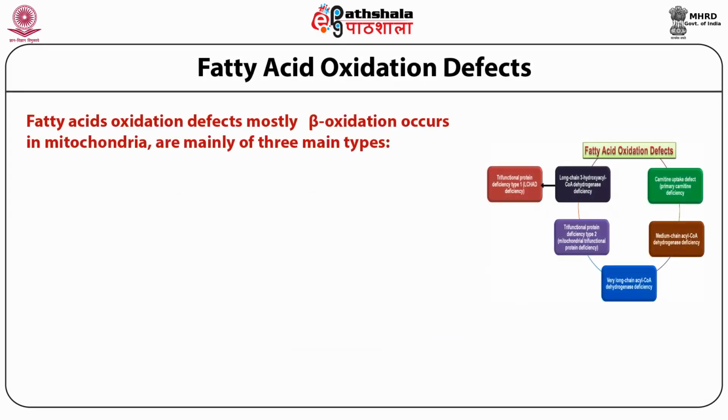The fatty acid oxidation defects, mostly the beta oxidation, occur in the mitochondria and are of mainly three types.